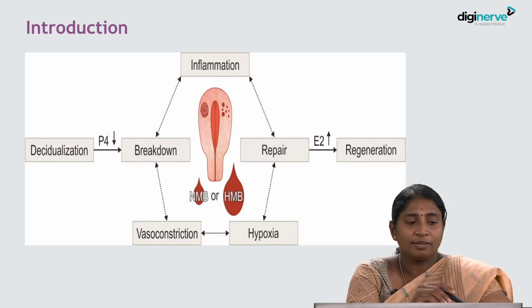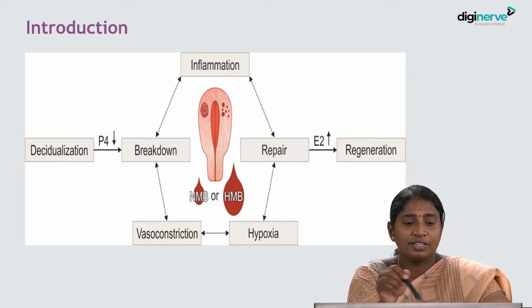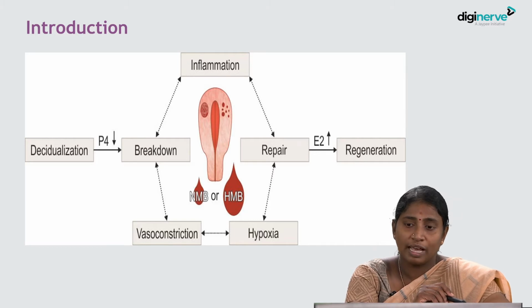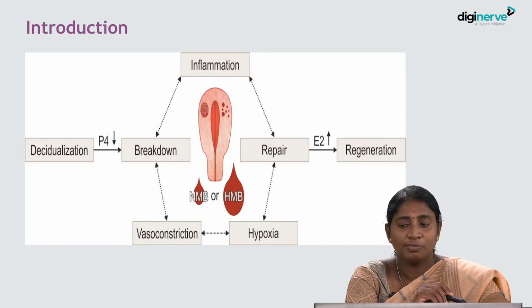Let us see this diagram. This diagram shows the uterus with the menstrual cycle, the process of decidualization and process of repair. The human endometrium is one of the physiological examples of a wounded surface required to rapidly repair every month. Each month, the human endometrium is exposed to a sequential pattern of circulating ovarian hormones, which includes estrogen and progesterone.